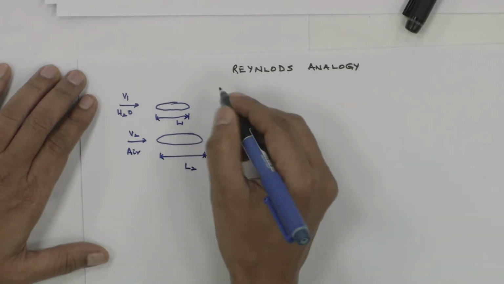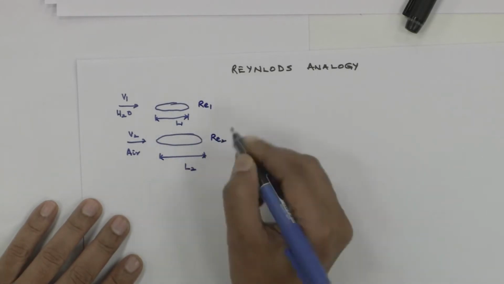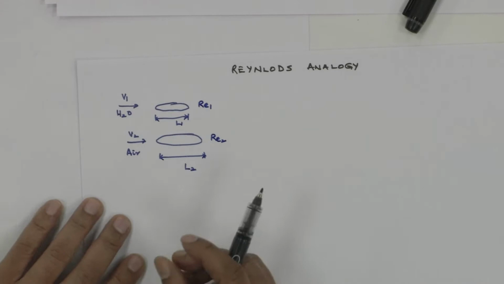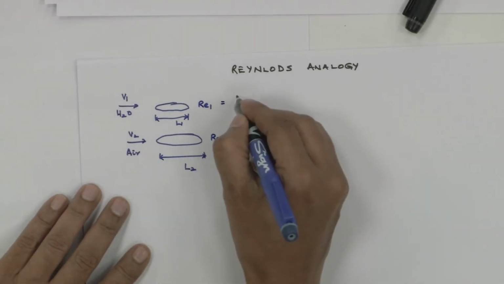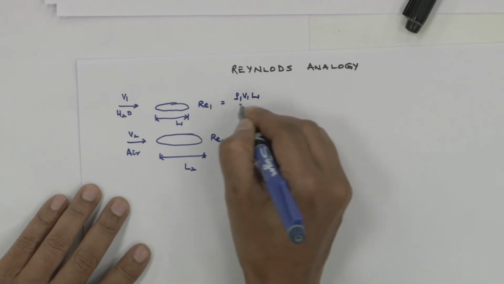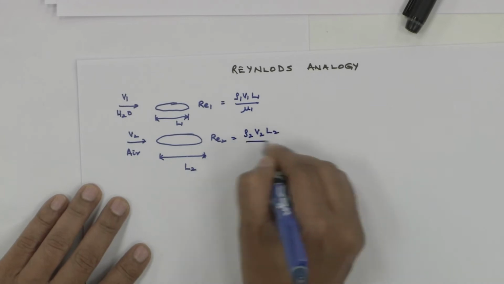So you get Re1 and Re2 for V1, L1 and ρ1, and ρ2, V2, L2, that is ρ1 V1 L1 by μ1, ρ2 V2 L2 by μ2.